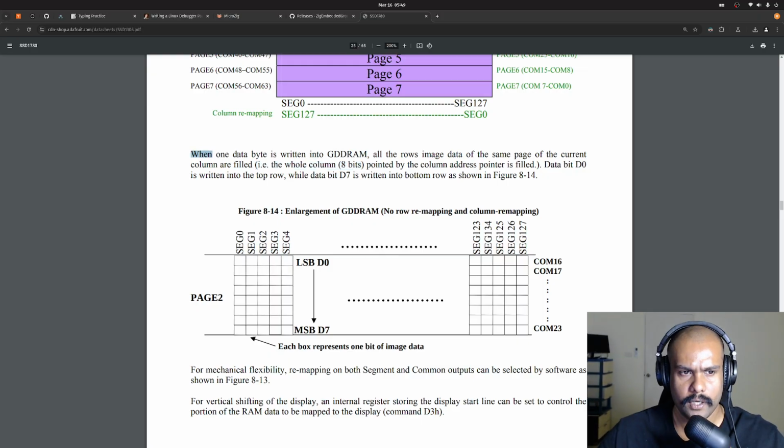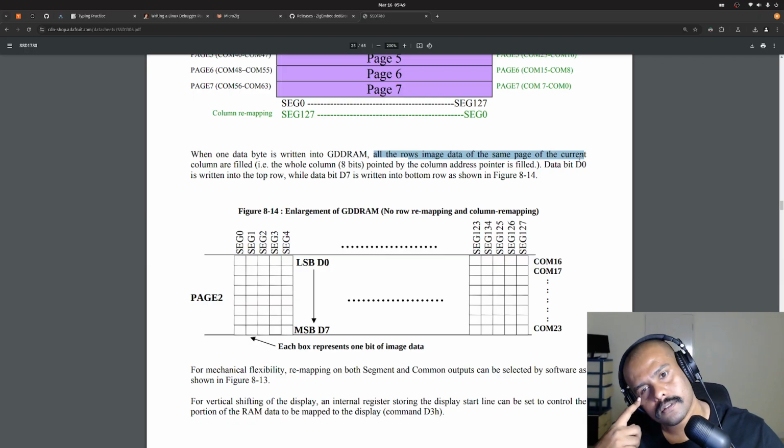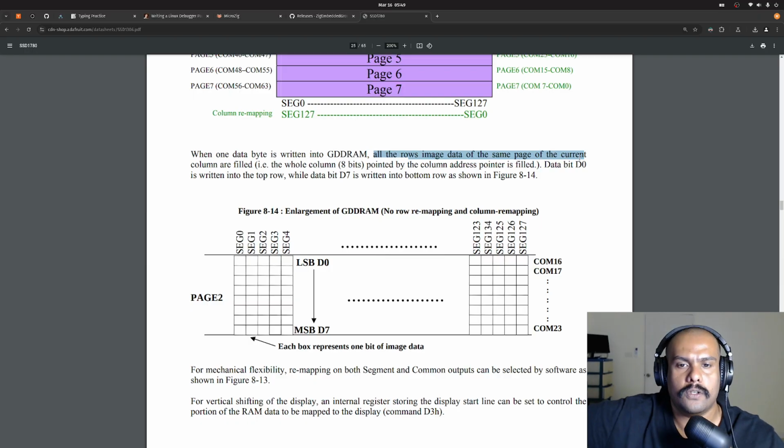When you write 1 byte, all the rows image data of the same page of the current column are filled.